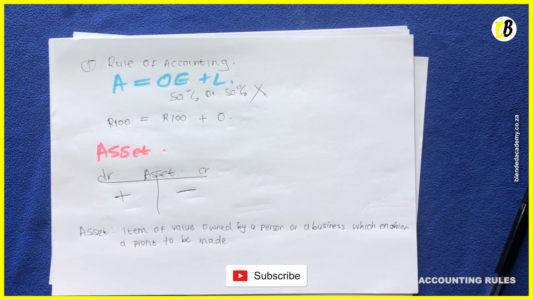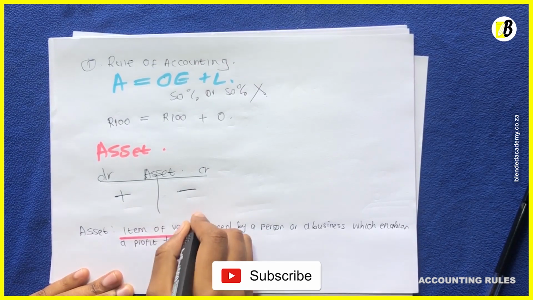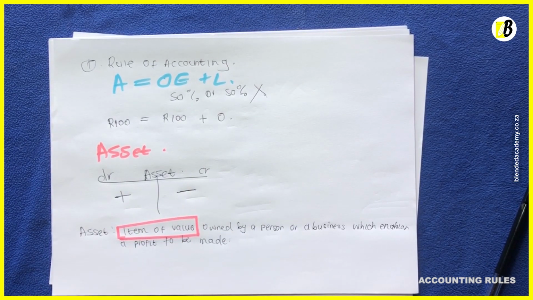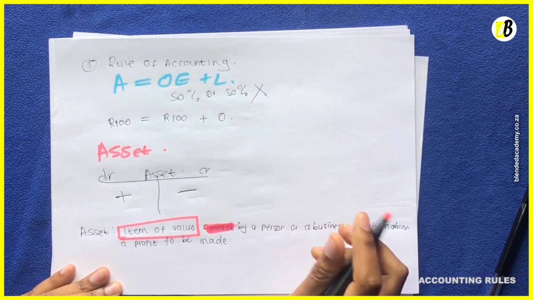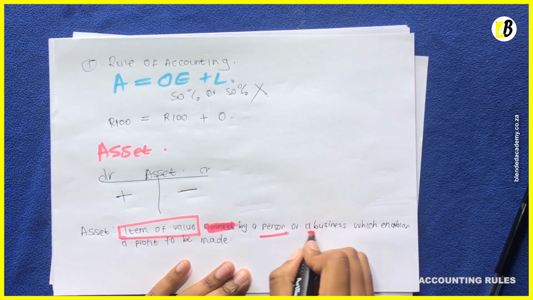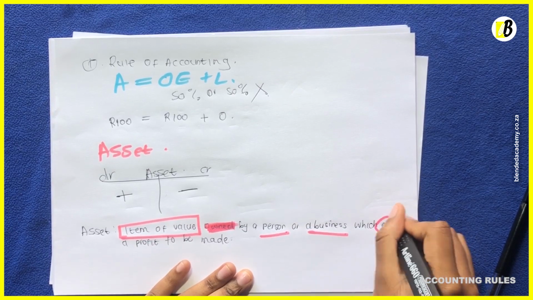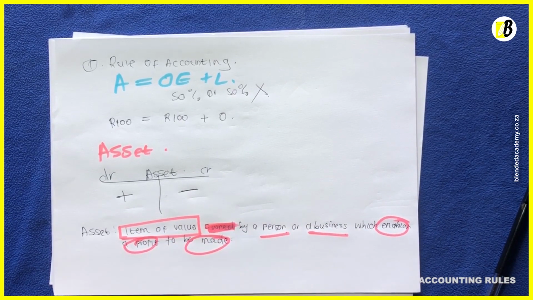Okay, fine. So let me highlight the key elements of this definition. It says that it's an item of value. First of all, an asset has to be an item of value and it needs to be owned. Secondly, it needs to be owned by a person or a business and it enables a profit to be made.